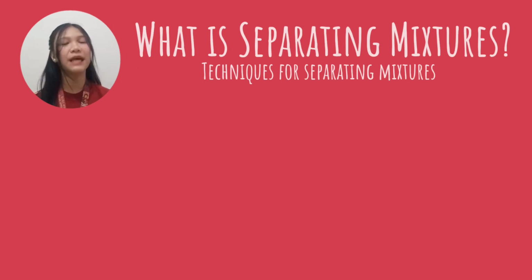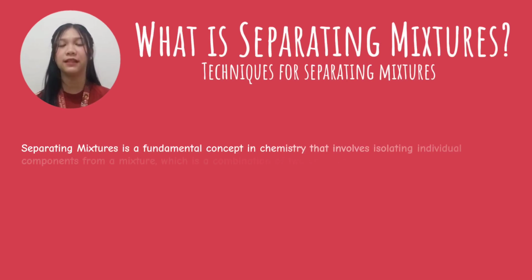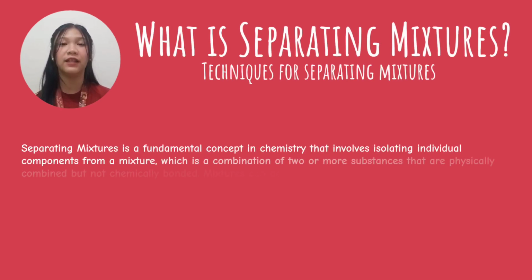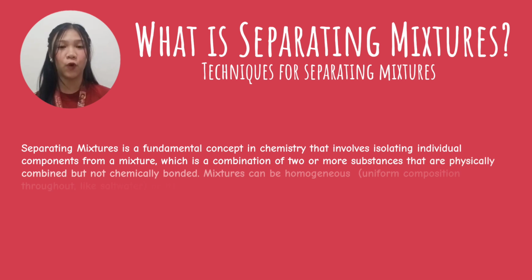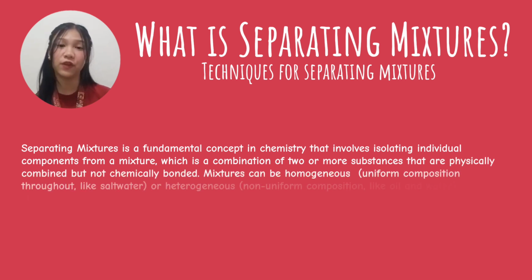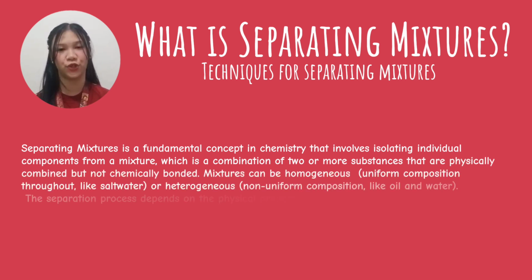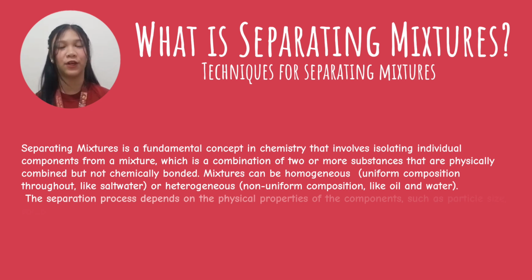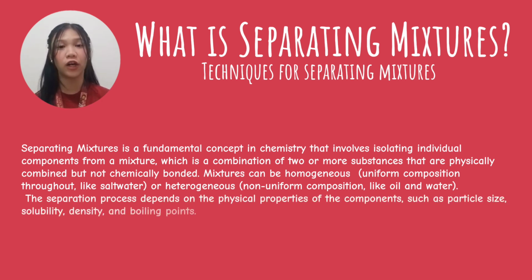But first, let us define what separating mixture is. Separating mixture is a fundamental concept in chemistry that involves isolating individual components of a mixture, which is the combination of two or more substances that are physically combined but not chemically bonded.